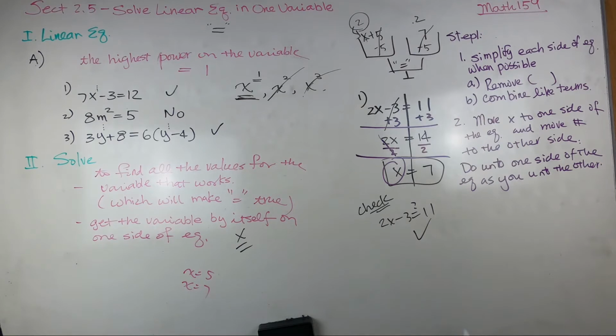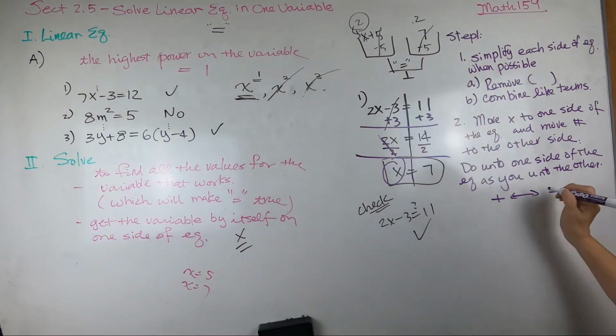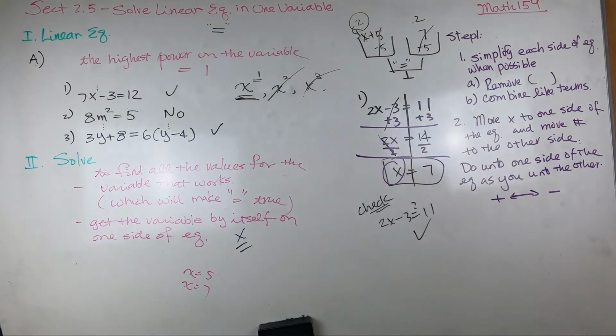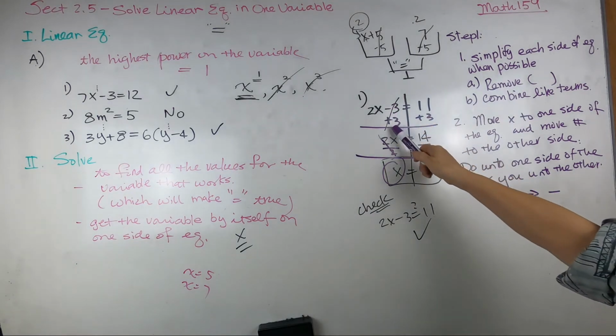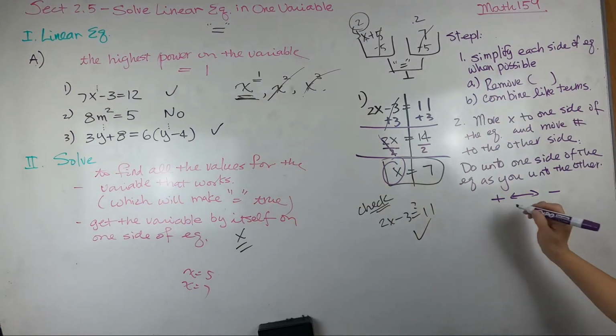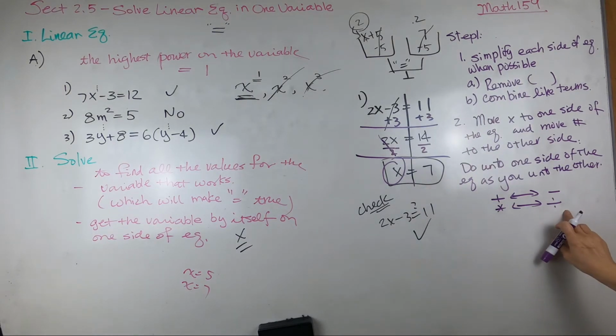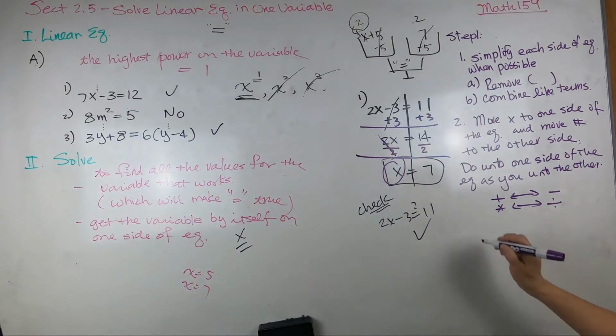Right? So to get rid of a plus, you do minus. If minus, you do plus. If it's a plus here, you do minus to move to the other side, right? Then if it's a multiplication, you do division. If it's a division, you do multiplication.